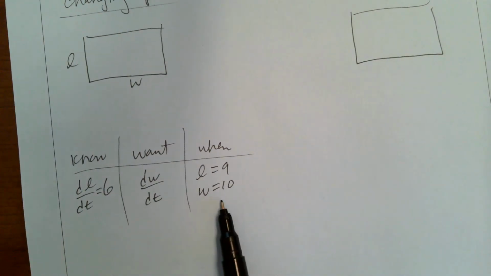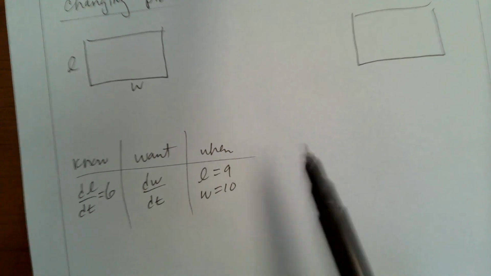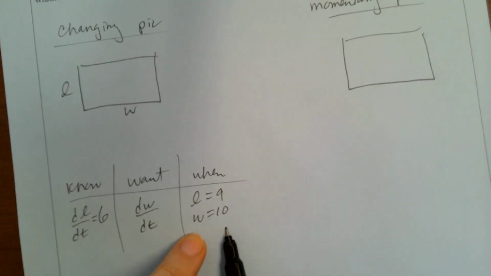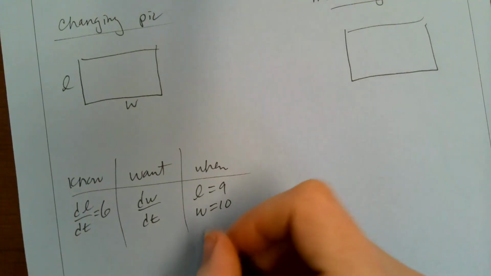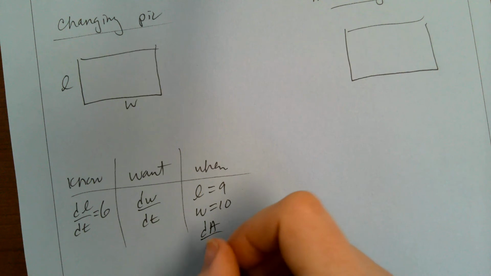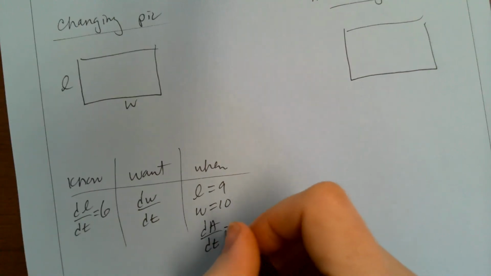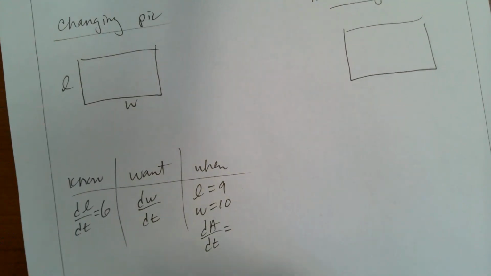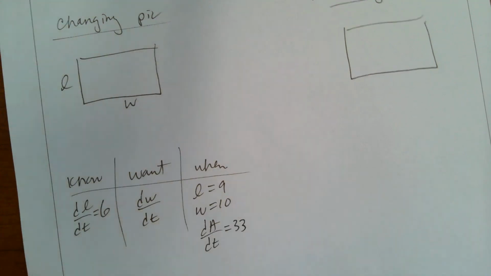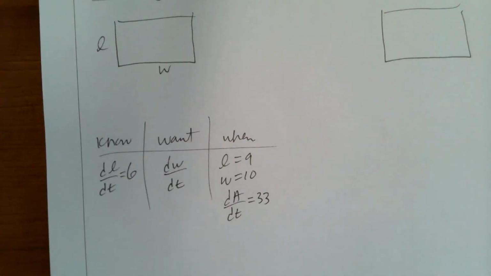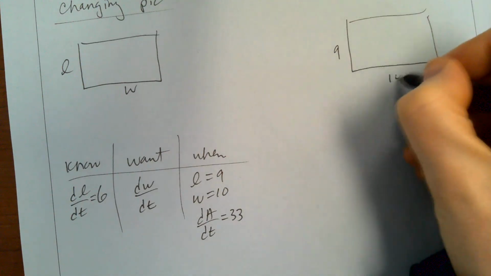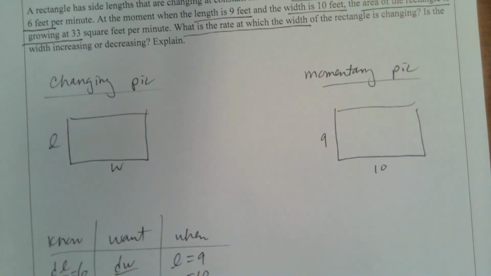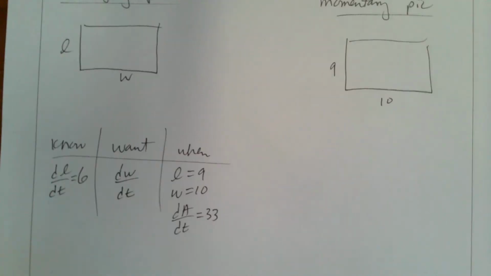So I'm going to put it in the when column. You could put it in the no column, but we'll get the same answer. So this is a rate of change of the area. It's not the area, it's the rate of change of the area, and it's growing, so it's positive. All right, so that's how I'm going to set this up. The momentary picture, 9 and 10, right? Just in case we need them to find something else.